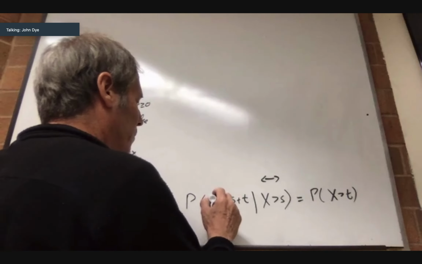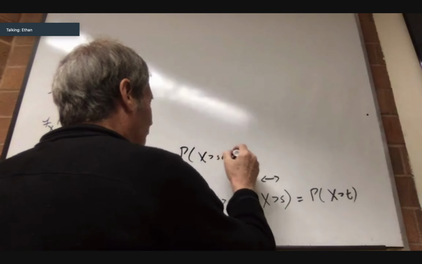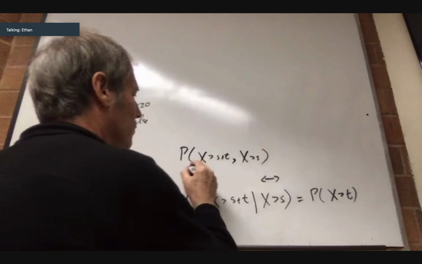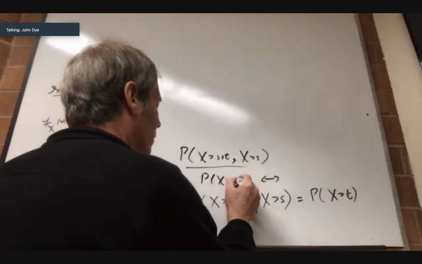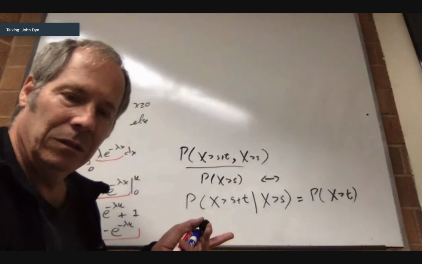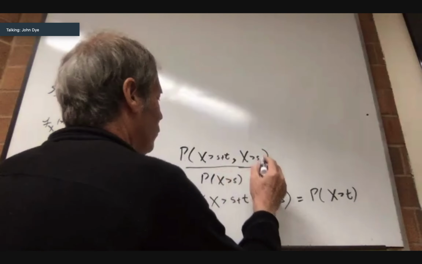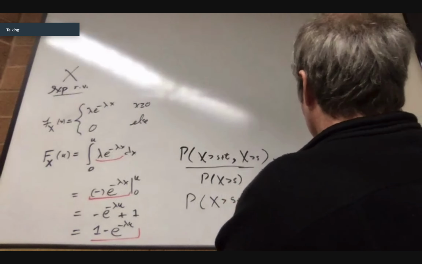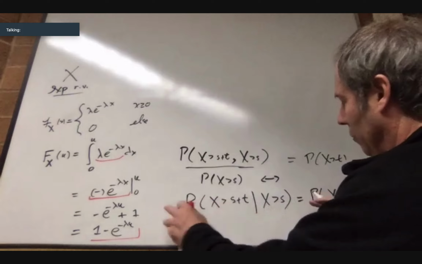This is the probability of X greater than S plus T, and probability of X greater than S. This is an "and" here, and I never wrote an "and" that way, but beware, this is what the book does. And that is equal to P of X greater than T.